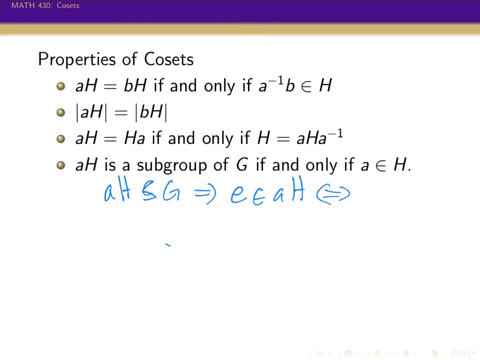This happens if and only if A inverse is inside H, which happens if and only if A is inside H. So if it is a subgroup, then it has to contain the identity, and so A had to be inside H to begin with. And if A is inside H, then AH is just H. And from the beginning, we said it's a subgroup.